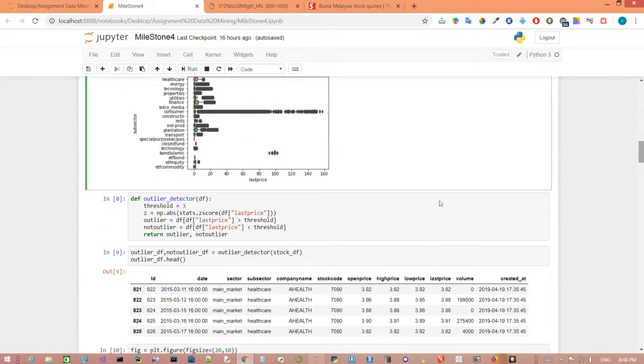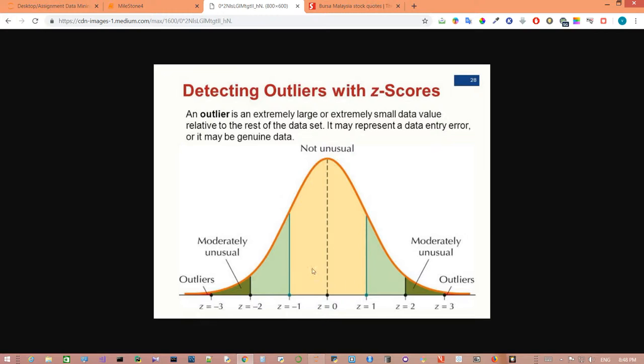So I decided to create a function, outlier detector, and here I'm setting a threshold, which is 3, and I explain why. Let me show this one.